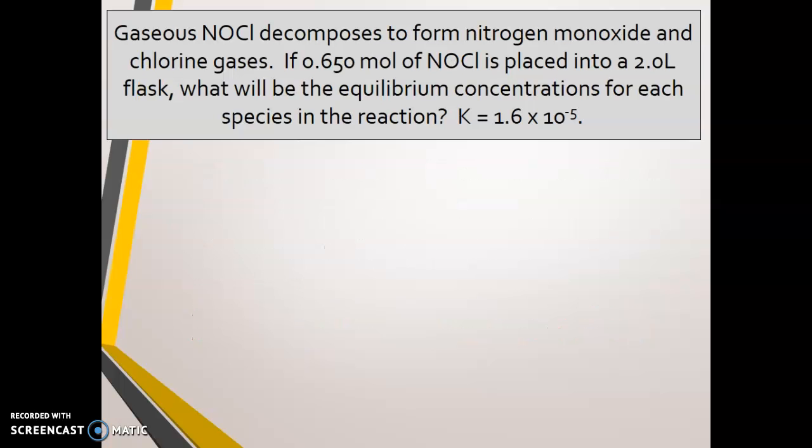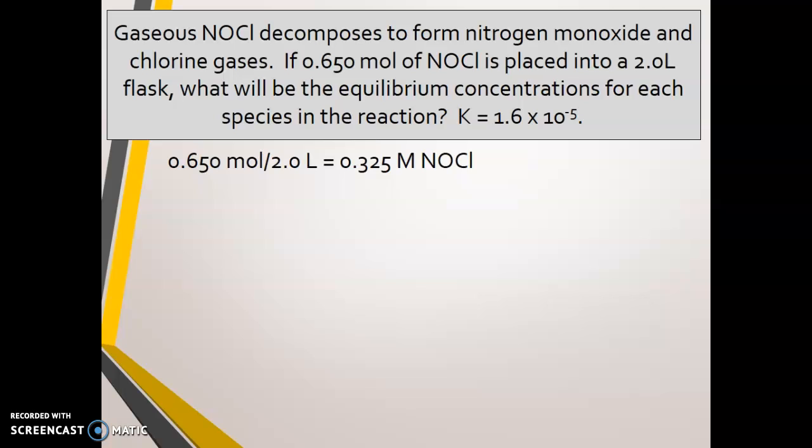So here we have gaseous NaCl that decomposes to form nitrogen monoxide and chlorine gas. If 0.650 moles of NaCl is placed in a 2-liter flask, what will the equilibrium concentrations be for each species in the reaction? And the K constant is 1.6 times 10 to the negative fifth.